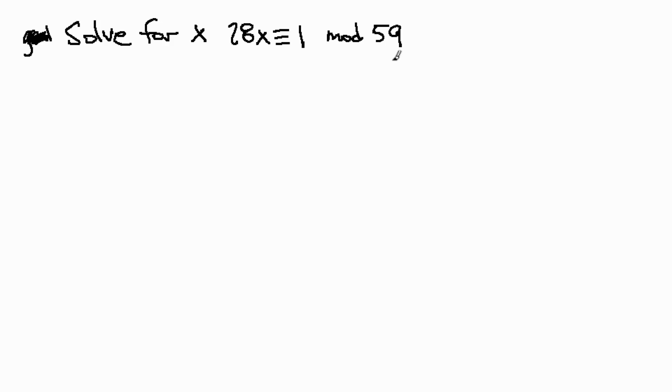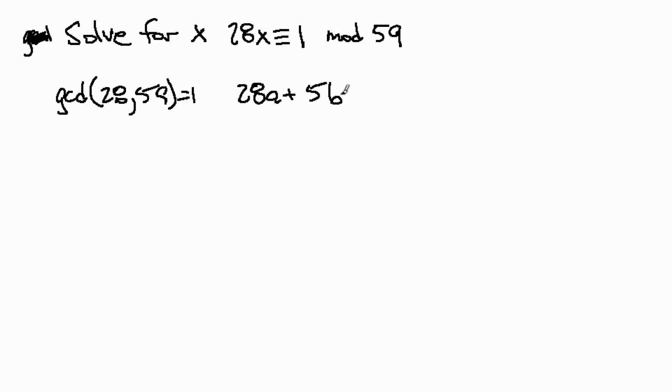Okay, now the reason I chose this is the following. 59 is a prime number, so I know right away that the GCD of 28 and 59 is equal to 1. So I know that there exist integers a and b such that 28a plus 59b is equal to 1.